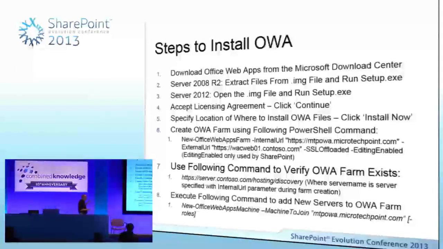And then external, if I'm using external for SSL, I'll actually have a switch. That's optional, by the way. The external URL, HTTPS, will say wacweb01.contoso.com, or whatever that might be, for how your people are accessing the content, and you want them to be able to take advantage of those Office web apps. And then we'll set it up as SSL offloaded and editing enabled. The editing enabled is only there for SharePoint.